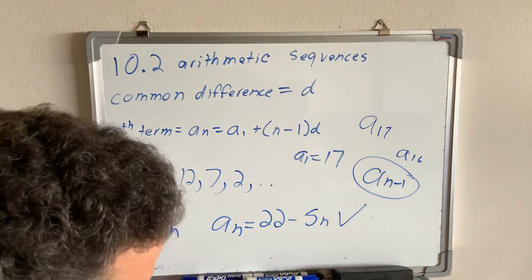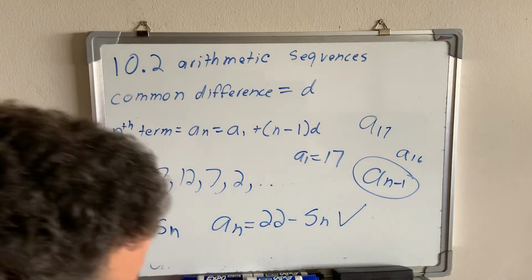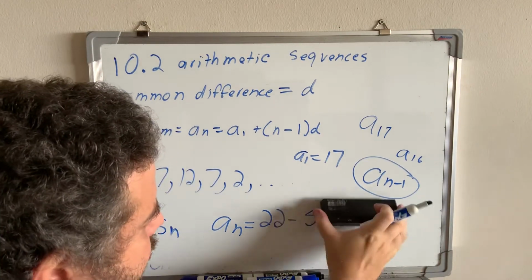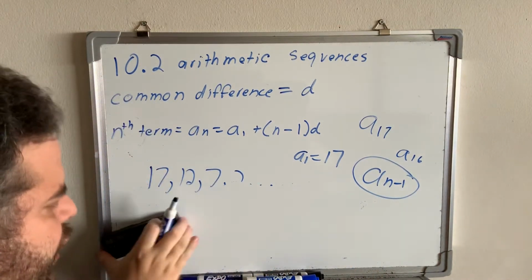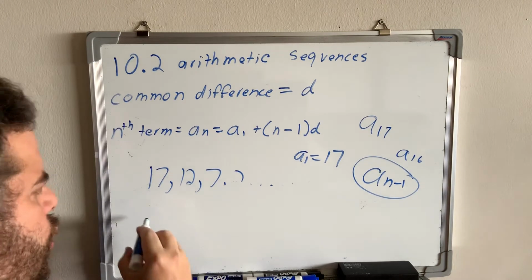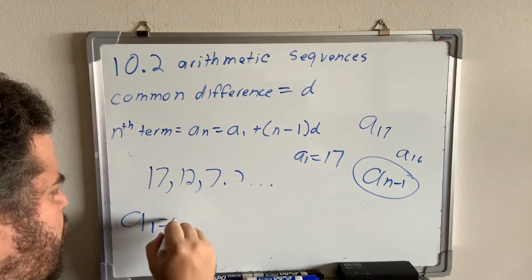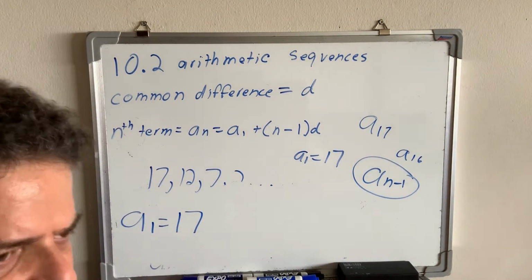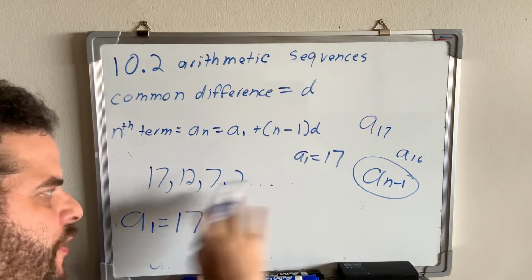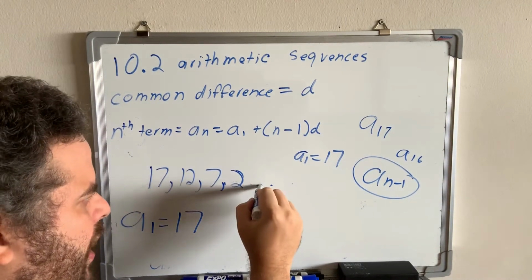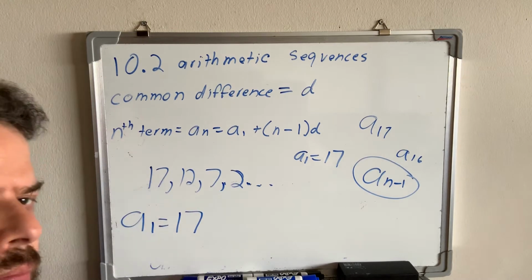Pretty straightforward. Now, for the recursion, all you have to do is the following. For recursion, you always have to give the initial value. You have to state your initial term, okay?